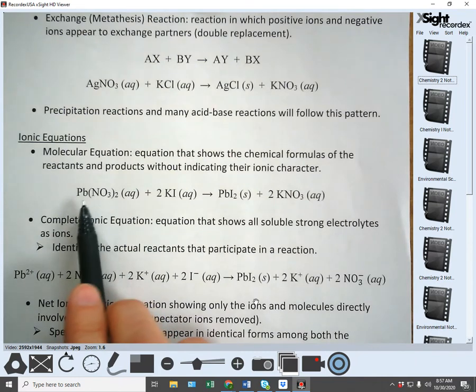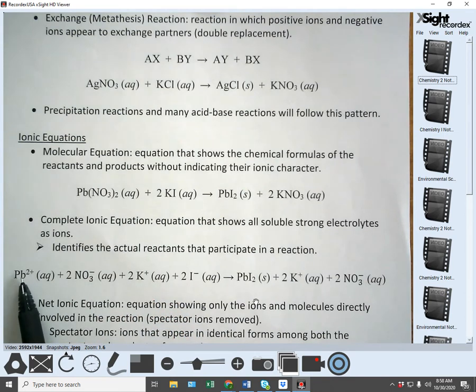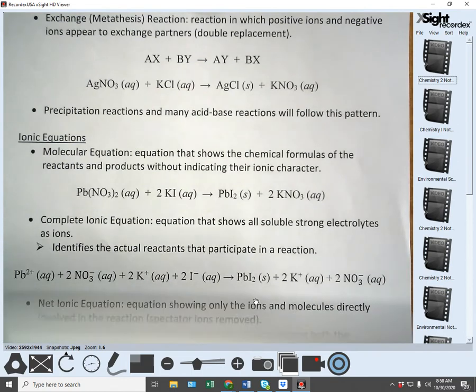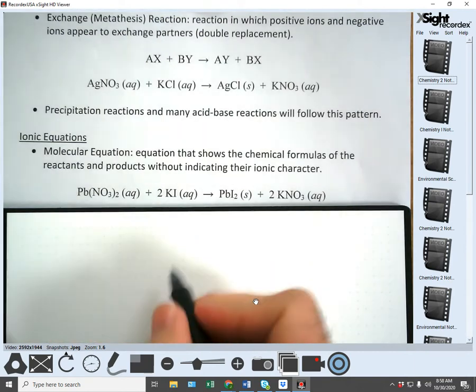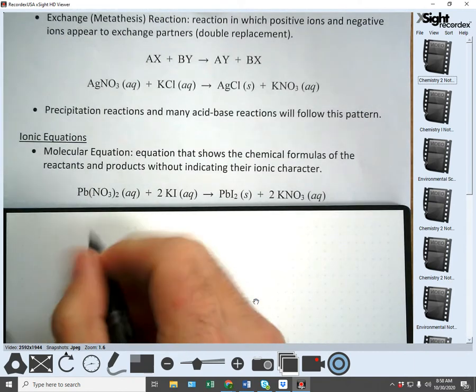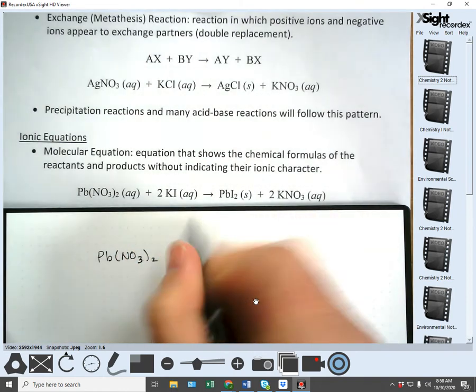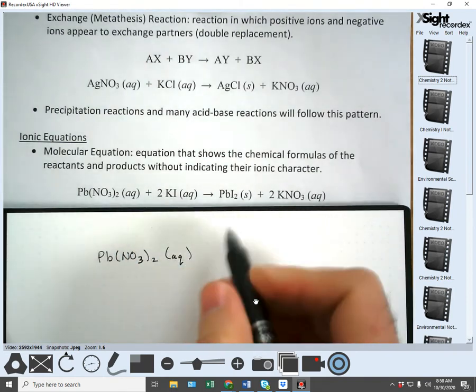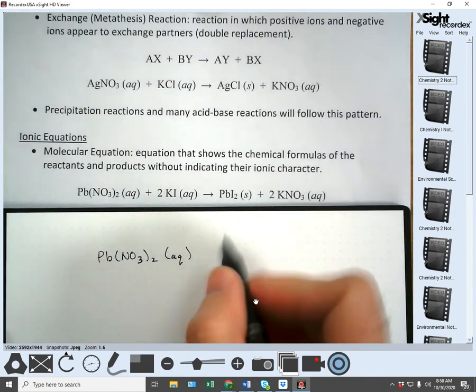So Pb(NO3)2 is aqueous. If I were taking this, when it ionizes in the solution, what is it going to look like?